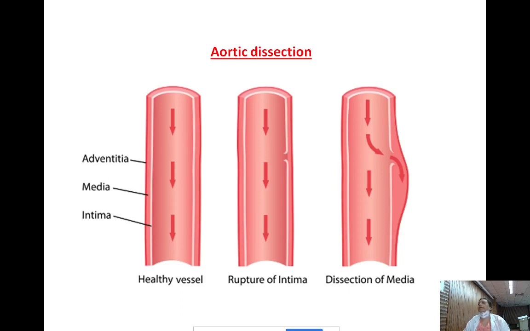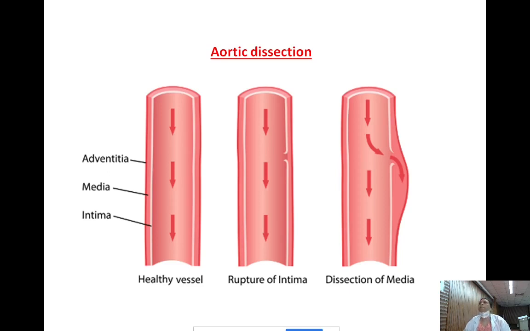Now if there is any gap in the intima, then blood will enter through that gap and it comes between the intima and the media. That is known as the dissection. It may occur anywhere. But when it occurs, it is a very serious condition that I have told you already.